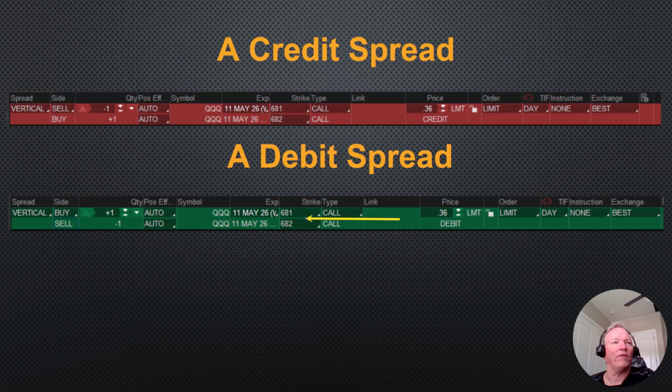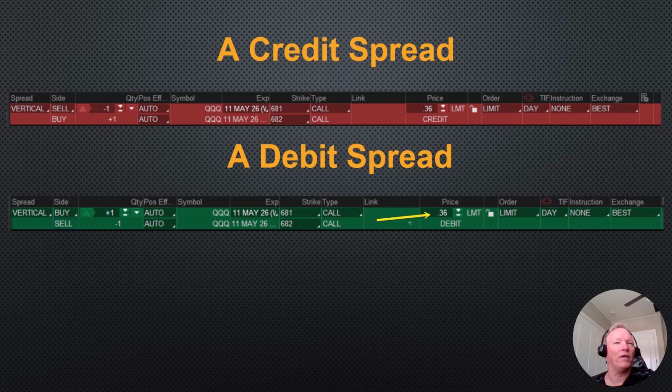Now, because it's a defined risk trade, we've put a cap on the amount that we can actually make in this trade, which is, again, a $1 wide spread, which means that just like the risk of our credit spread, we had $64. The max return on our debit spread is $64.